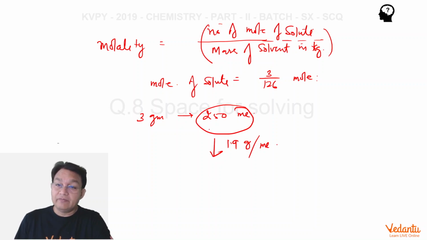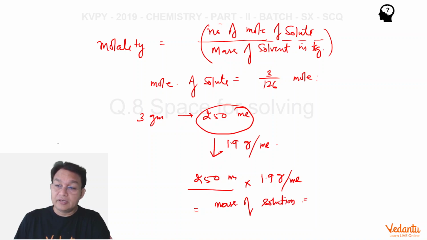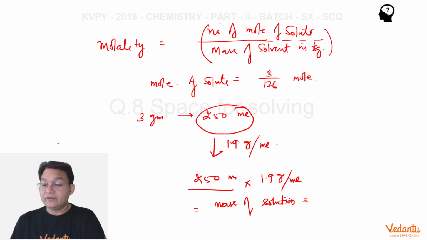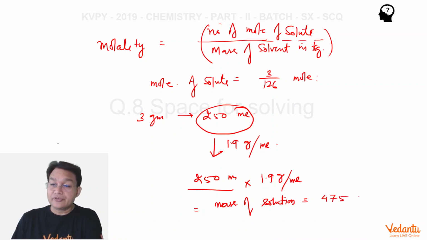So that means if we take the 250 ml and multiply it by the density 1.9 grams per ml, we are going to get the mass of solution. The mass of solution will be 25 into 19, that is 475 grams. Out of 475 grams, we have 3 grams of the oxalic acid, we must remember.